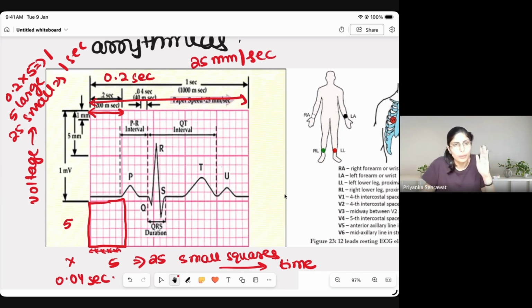Each small square is 1 millimeter in length, 1 millimeter horizontally. So the 25 millimeter per second speed is obtained by combining these 5 large squares in 1 second.